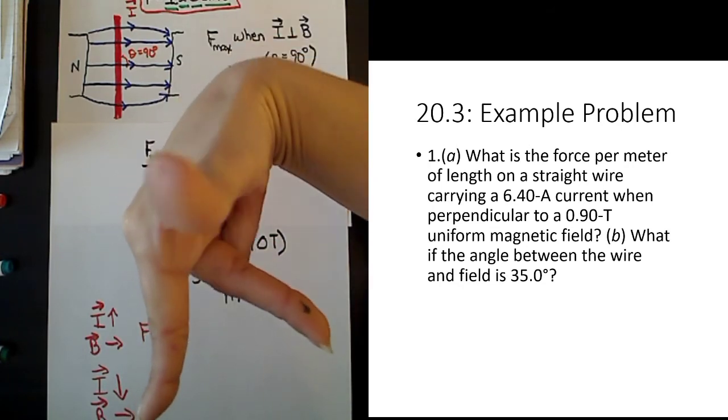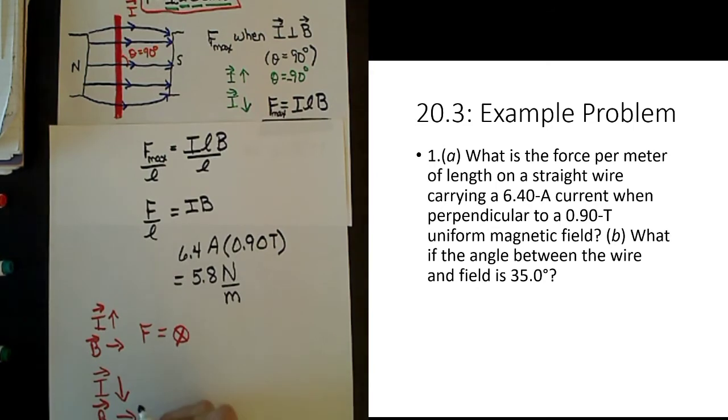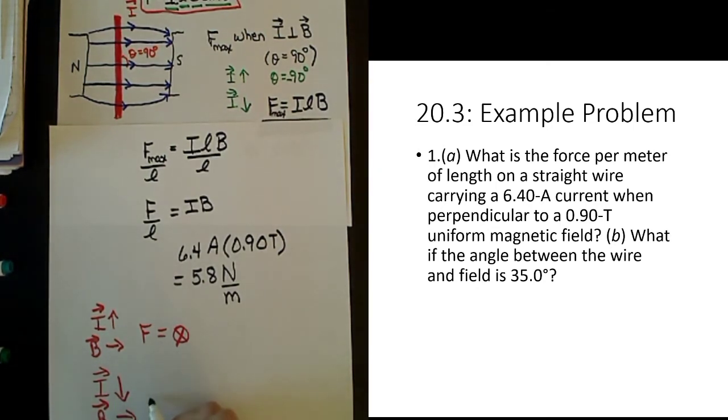And in order to do that, our thumb must be pointing straight up. So in this situation, if the current were going down, then our resultant force would be out of the plane of the page.